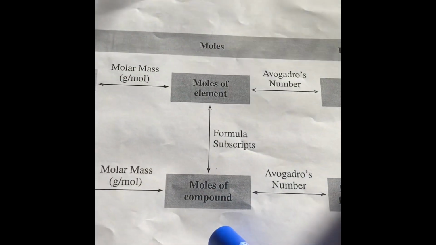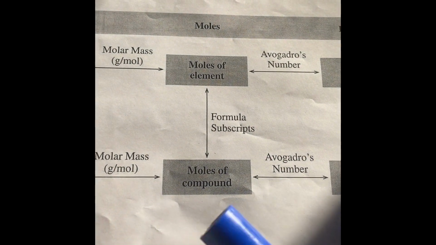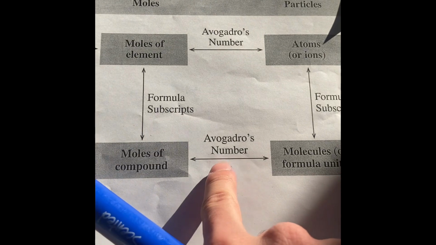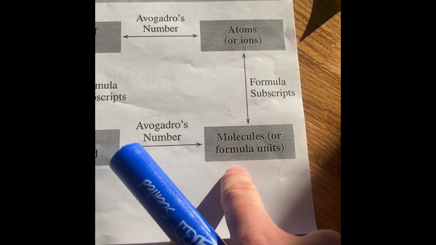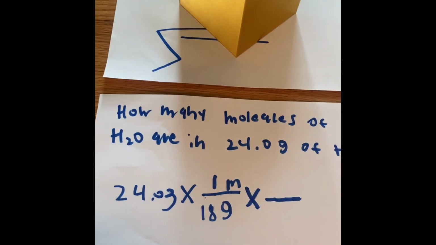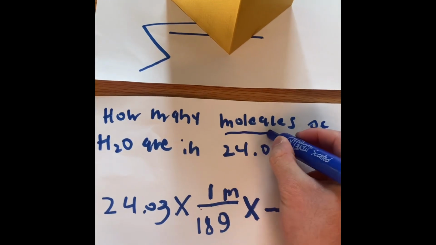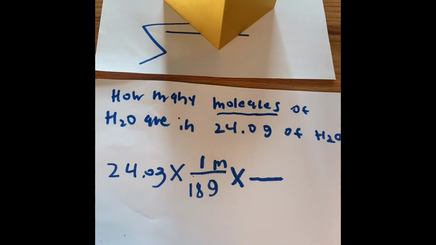Therefore, to get from moles of compound, we use Avogadro's number to get to molecules, because that's what we're trying to find.